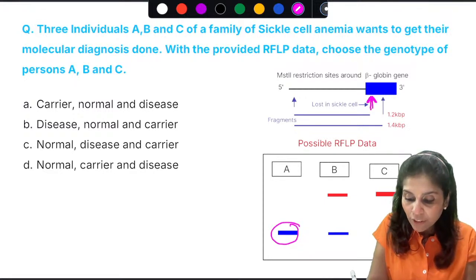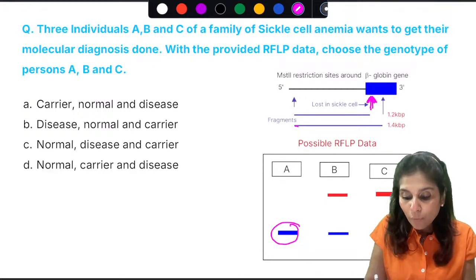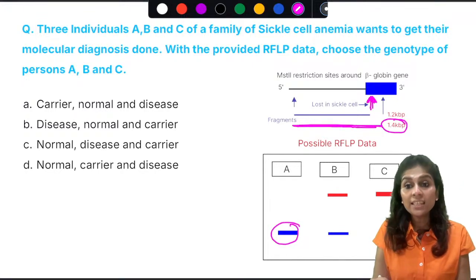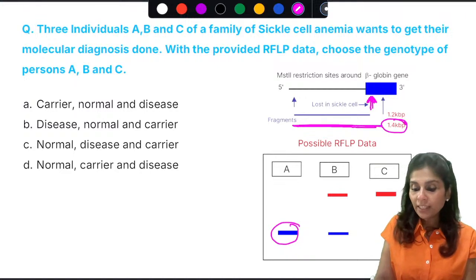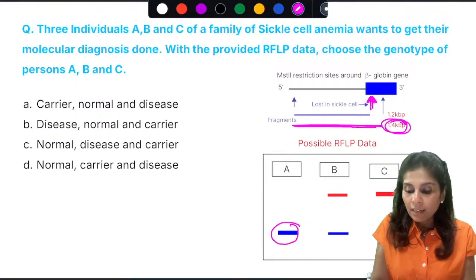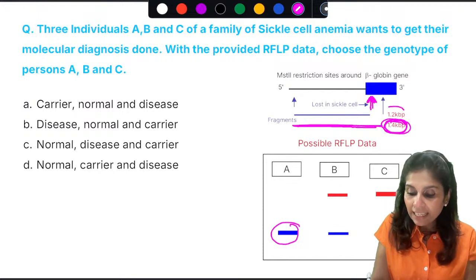If this restriction site is lost, what will be the length of the fragment? The length of the fragment will be 1.4 if it is mutated, right? If it's mutated, the length will be 1.4 kilobase pair. If it is normal, the length will be 1.2 kilobase pair.